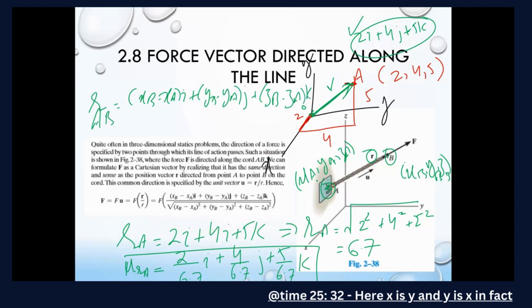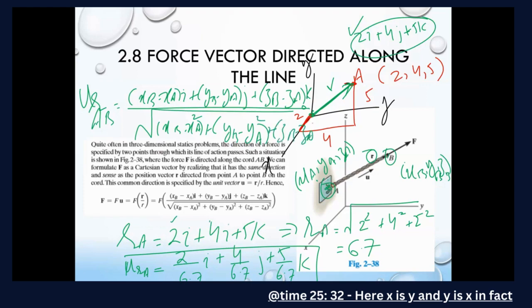Then if I want the unit vector, I divide the whole thing by the magnitude: the square root of (xB minus xA) squared plus (yB minus yA) squared plus (zB minus zA) squared. So I convert this into the unit vector direction. Now think of it as if I am pulling this with a force of 100 Newton.